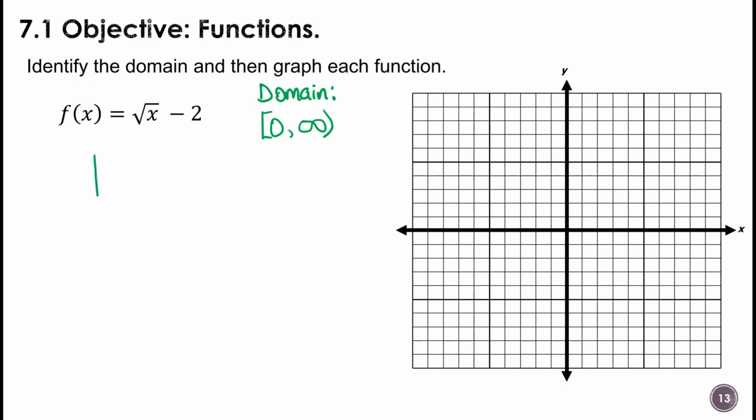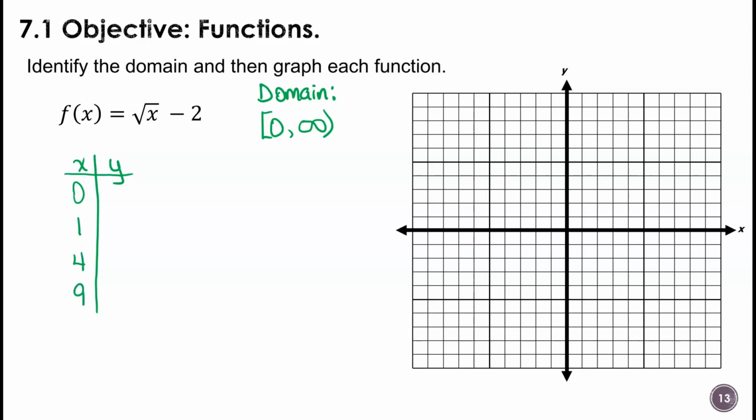Since our domain starts at 0, we can just use ordered pairs to graph this. You can also use the fact that this is going to shift downward by 2. We've talked about that before. Basically, we can find the square root of 0, 1, 4, and 9.